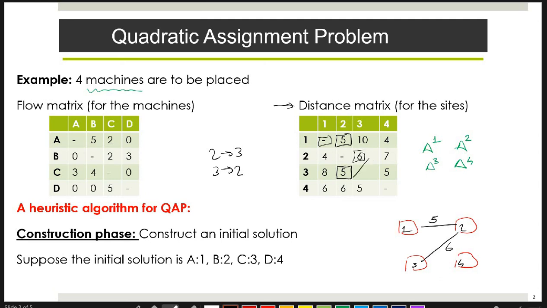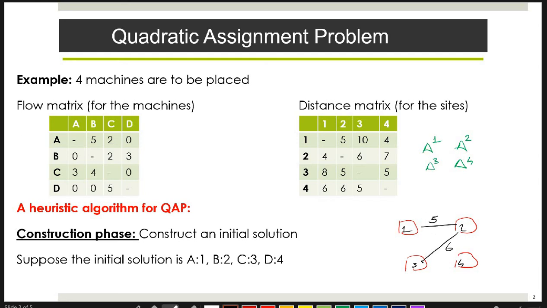In this matrix, moving from 2 to 3 the distance is 6, but moving from 3 to 2 the distance is 5. It means it is not symmetric, and this can happen in real life. While solving the problem, you need to take this into account. Don't just assume that 2 to 3 is 6, so 3 to 2 is also 6. Just check the matrix.